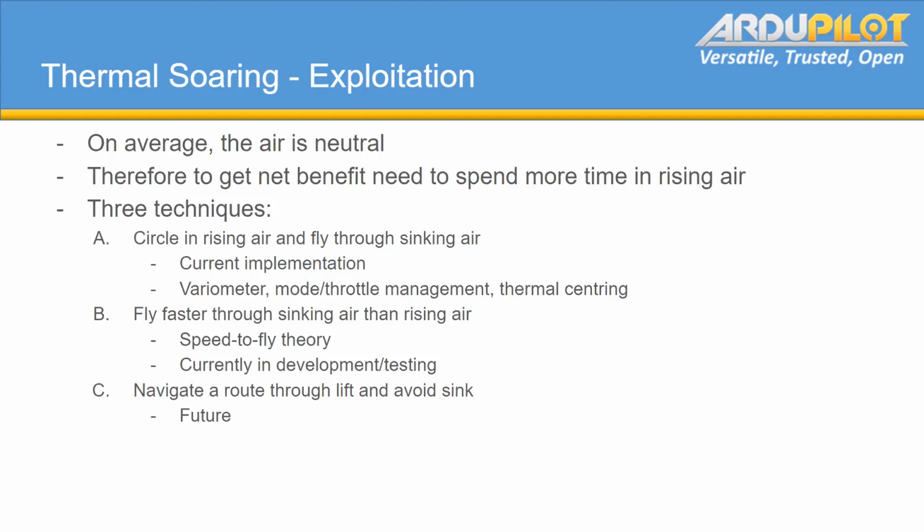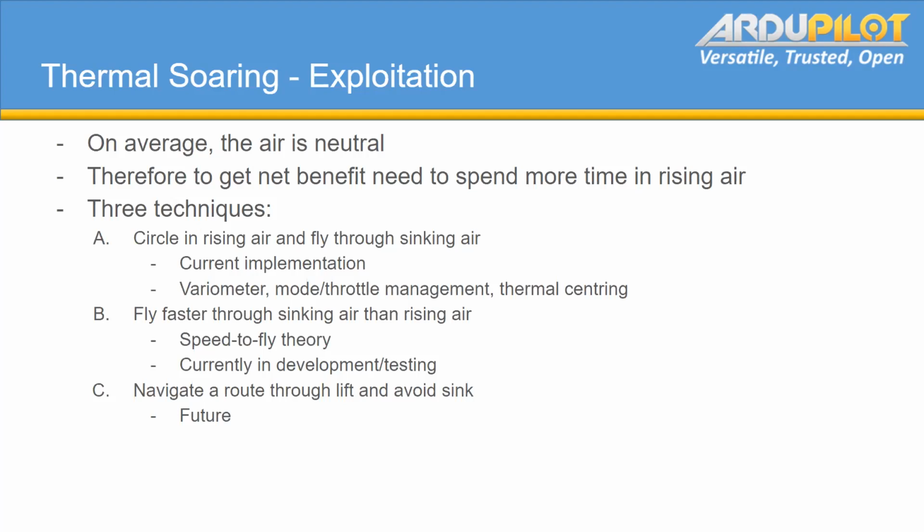Even without stopping to circle, this will allow you to get a benefit. But you can also combine it with the circling, the thermaling flight path, to get additional benefit. This is a feature which is currently under development. In the second half of my talk, I'll talk a bit more about the progress towards that.